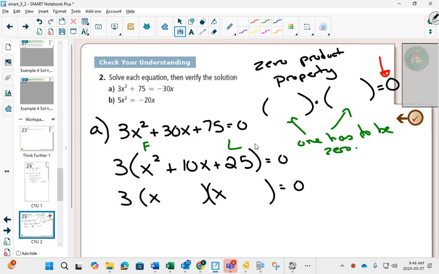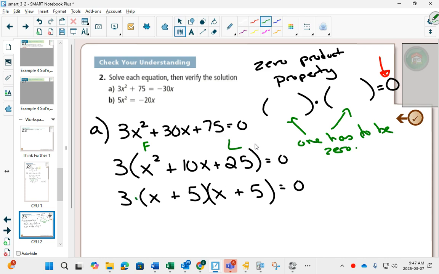Do some mental math. Do a quick check. Does 5 and 5 work or 25 and 1? 5 and 5. Right? Because we want to check, does my outside and my inside make 10? It does. It would make 10 if they're both positive. Does it still work for my last one to get plus 25? It does.